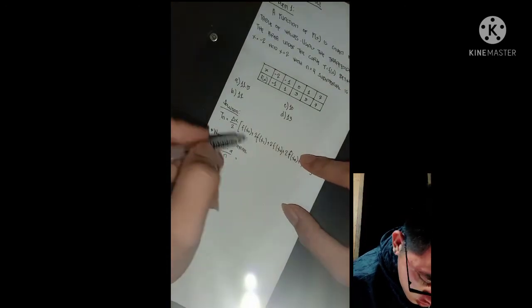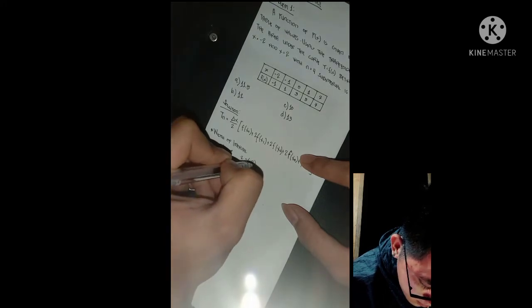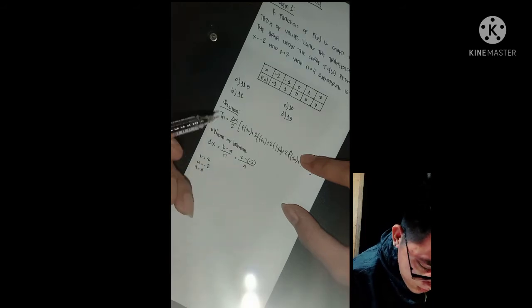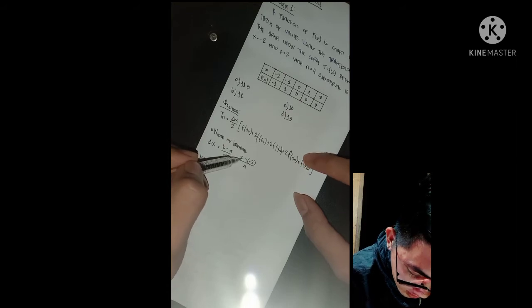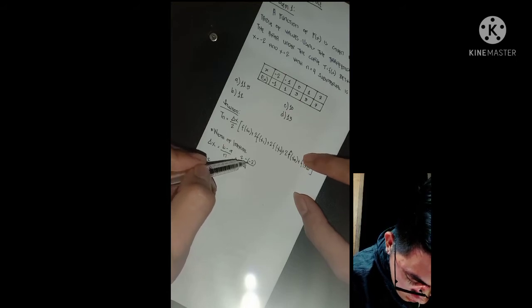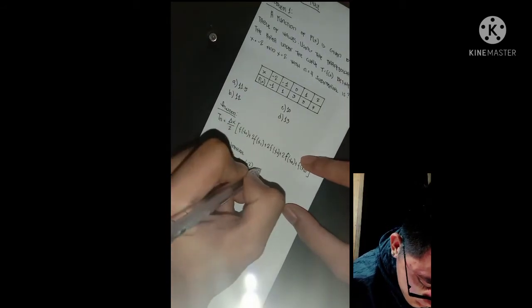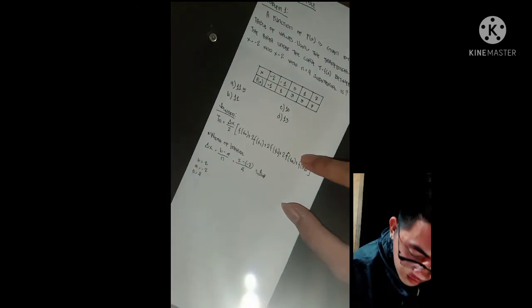So 2 minus our a, which is -2, all over 4. 2 plus 2 is 4, divided by 4 is equal to 1. Our width of the interval is equal to 1.